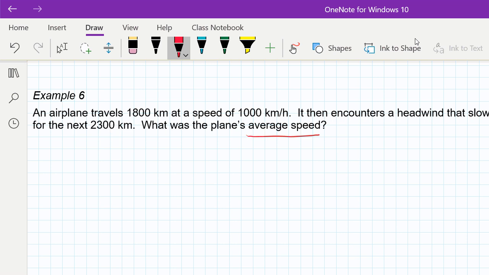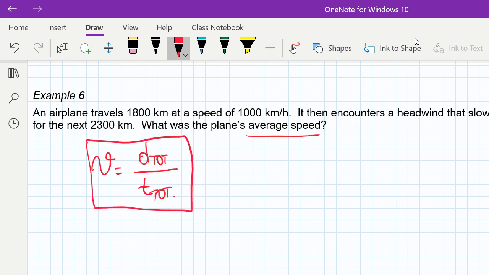I take the two and then I average. But this is not the proper way to calculate the average velocity, because even in the formula, we said that the average velocity is total distance over total time. So remember this. This is a key formula for the speed. It's the total distance over total time.